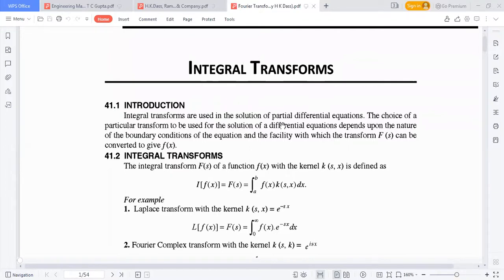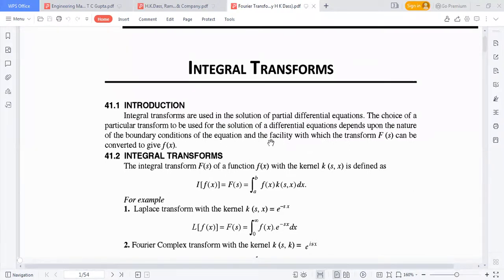So at the time of solving, we have to use the integral transform because the solution of these differential equations depends upon the nature of the boundary conditions. After assigning the boundary conditions, we get the general solution.